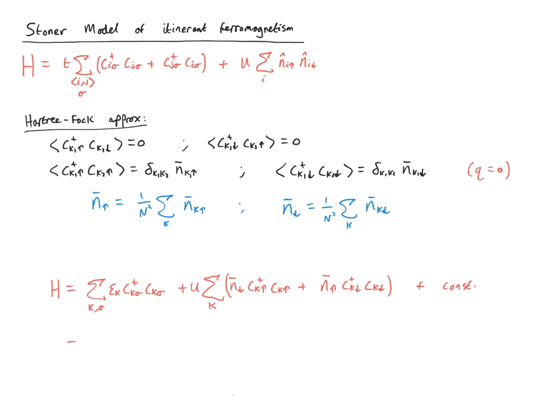So we can write this whole thing in a nice, simple, quadratic form, which is now in the form of a free electron gas, where the free electron gas dispersion is given by epsilon k up is equal to the free electron part epsilon k plus u times n down average, the average population of the opposite spin species, whereas epsilon k down is of course just equal to epsilon k plus u n up average.